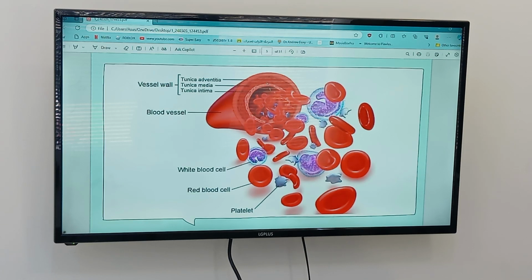This is the blood vessel anatomy in transection. When we do a transection of the blood vessels, we can see these layers of the vessel wall. And we can see red blood cells, white blood cells, and platelets.